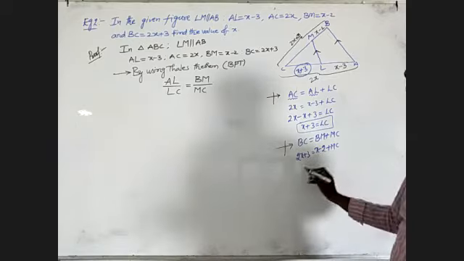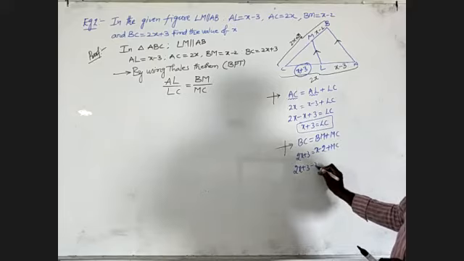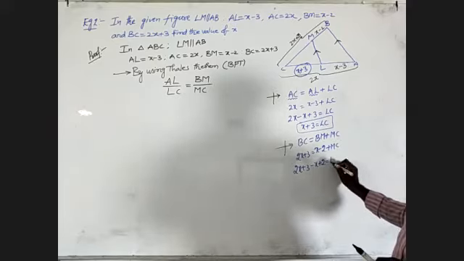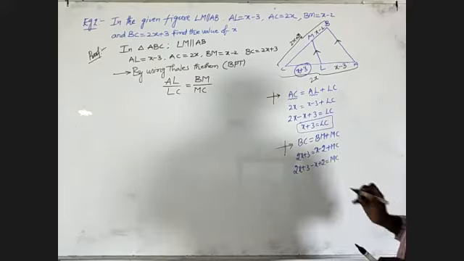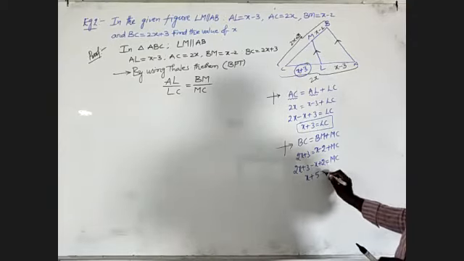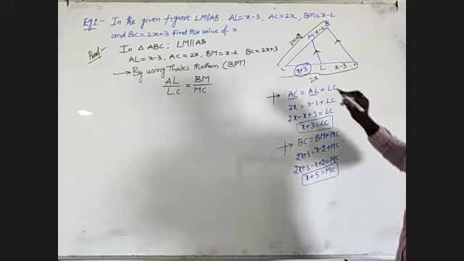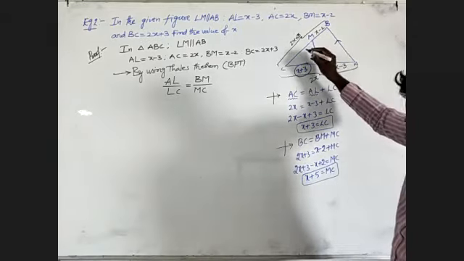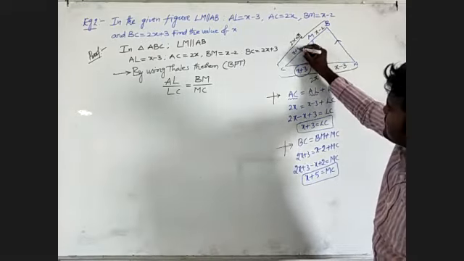This value becomes this side, that we have to write as 2x plus 3 minus x plus 2 will become MC. That means 2x minus x becomes x, 3 plus 2 is equal to 5. That is the value of MC. The distance between M and C will be x plus 5.